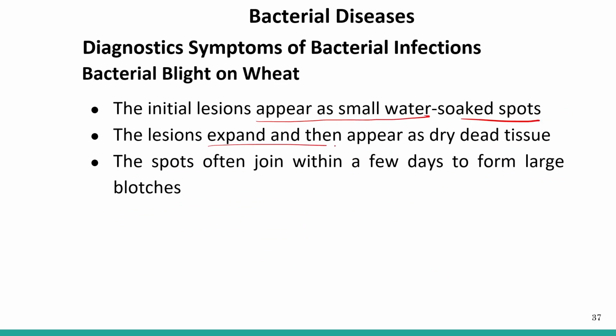The lesions expand and then appear as dry, dead tissue. The spots often join within a few days to form large blotches. So there are small spots showing the blight, and later they join and form a big blotch-like structure.